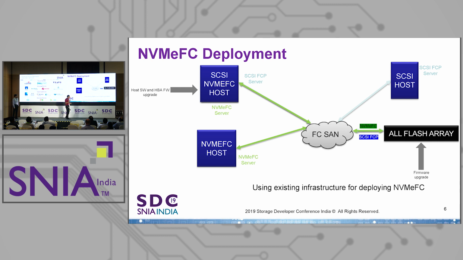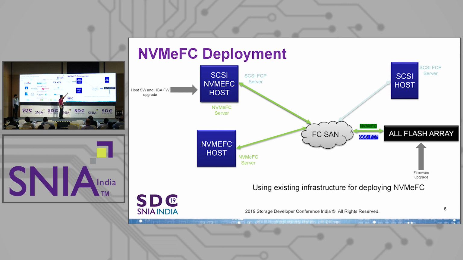If earlier you were having a generation 6 adapter, which can support NVMe in future, for example, most of the Gen 6 adapters have the capability, you just have to upgrade it from the host side and from the target side. That's it. No more cost is required, zero cost, for using existing things.